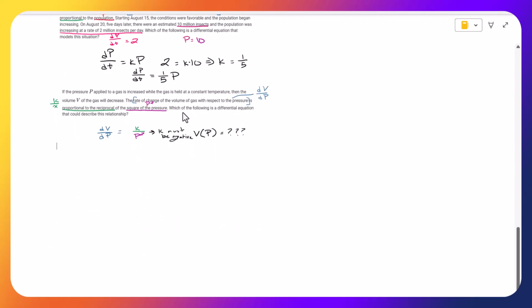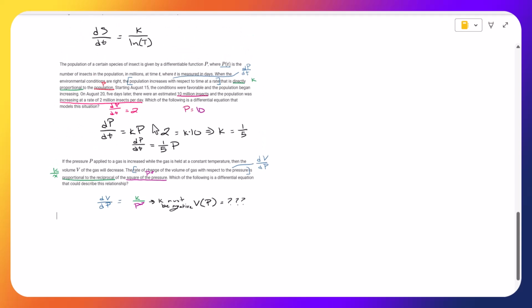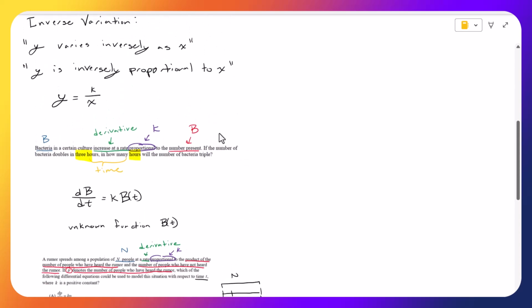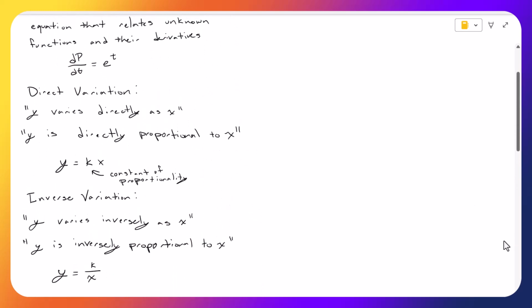If it's talking about the square of the pressure, obviously it's pressure squared. If it's talking about the natural logarithm, that's the natural log. So we're working on our reading comprehension and application, which I know is not the easiest. But thank you for watching.